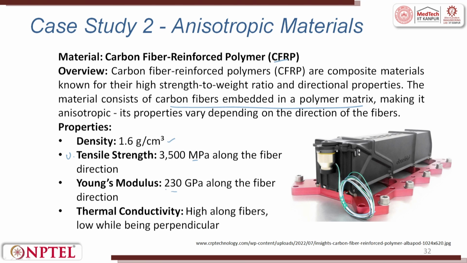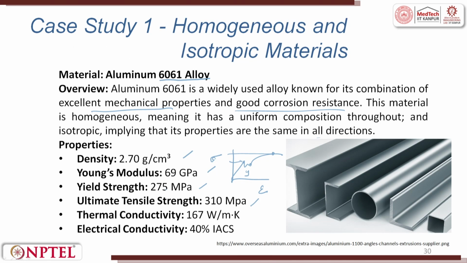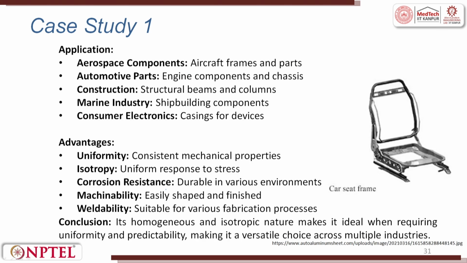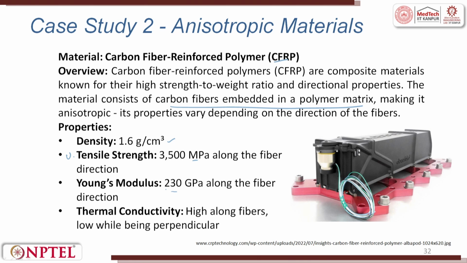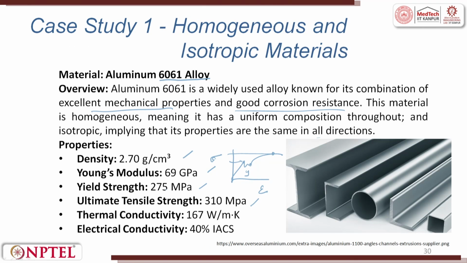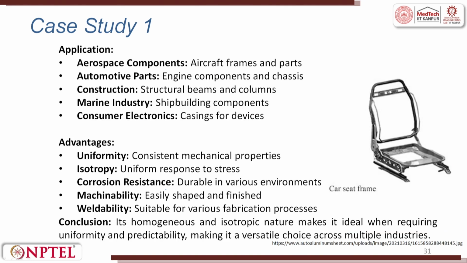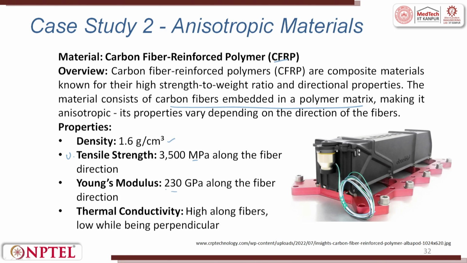If you go back and look at aluminium, the Young's modulus is 69 GPa. Here the Young's modulus is 230 GPa. Look at the tensile strength: 310 megapascals for aluminium. Here it is 3500 megapascals. The thermal conductivity is high along the fiber, low while being perpendicular.